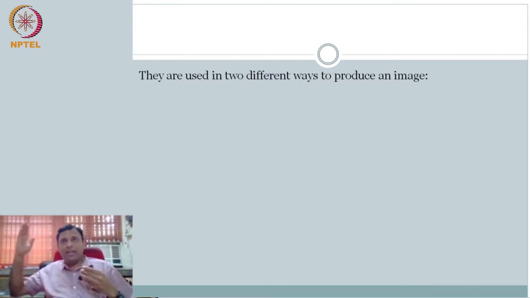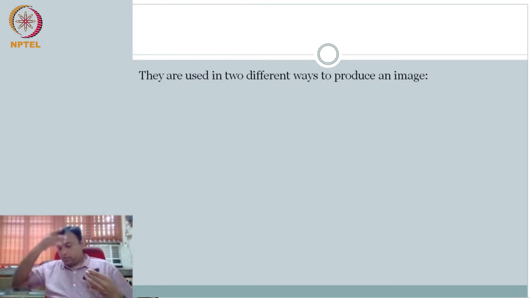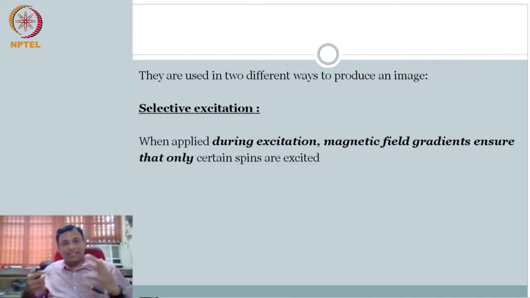So I can apply my RF excitation during the gradients such that the RF excitation frequency matches only one location, right? So I can select. So selective excitation, meaning I have during excitation. Excitation is the B1 field, the RF excitation that you are doing.